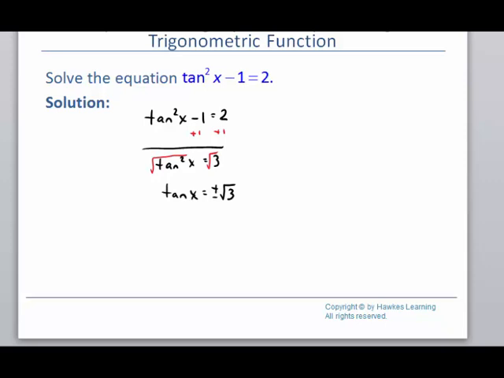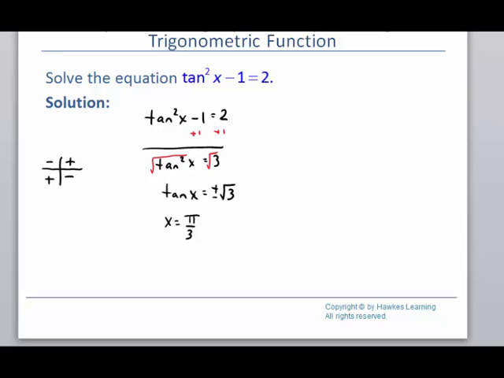Okay, so let's think about places where tangent is equal to square root of 3. Now again, either from our table of values that we've been working from or from memory, we know that tangent is equal to square root of 3 at pi over 3. And so I can go ahead and know that that is one of my solutions to my problem. Now remember that tangent is positive in the first and third quadrants and negative in the second and the fourth.